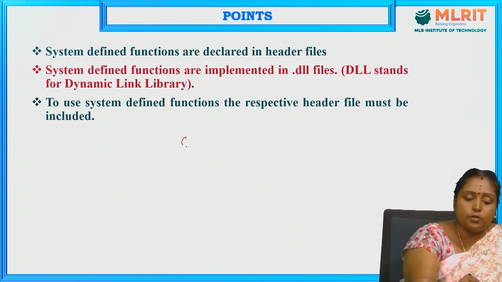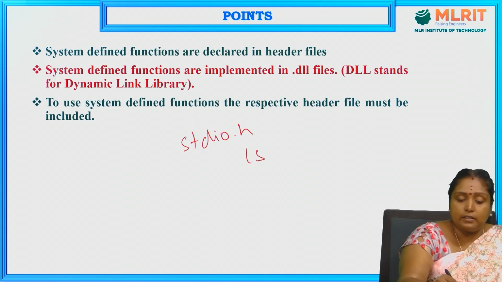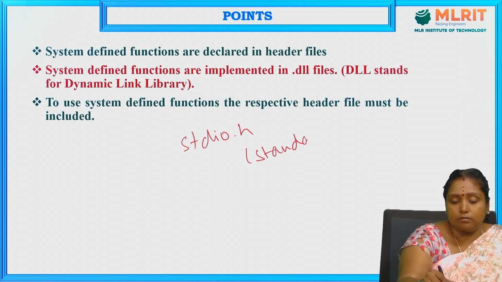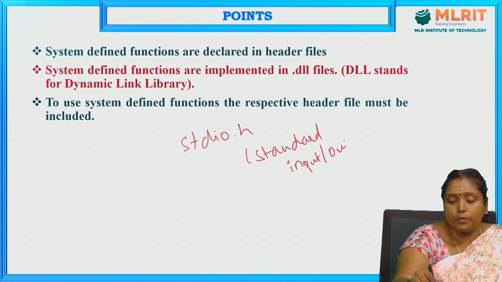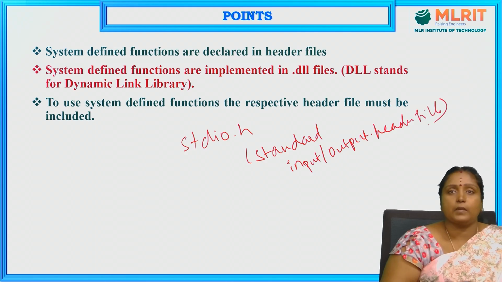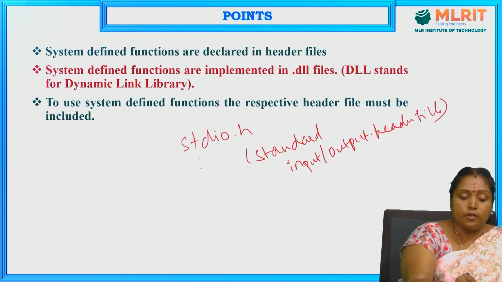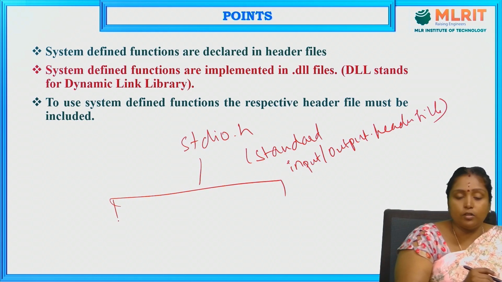When it comes to stdio.h, this is one of the header files in C, the standard input output header file. What you have in stdio.h, we already discussed in executable statements.